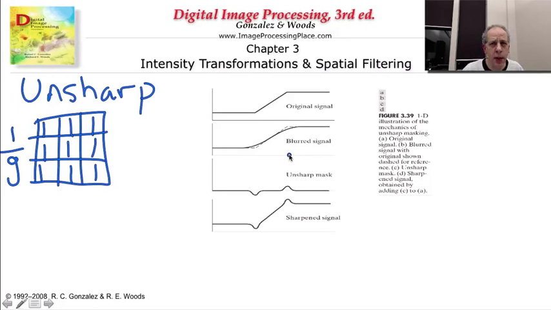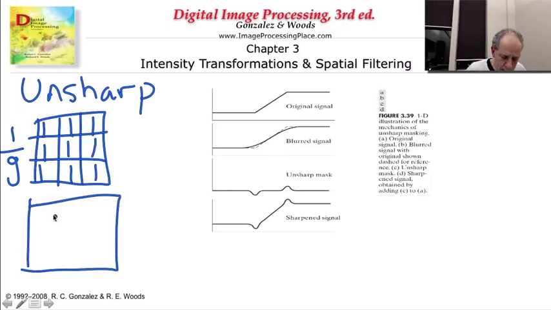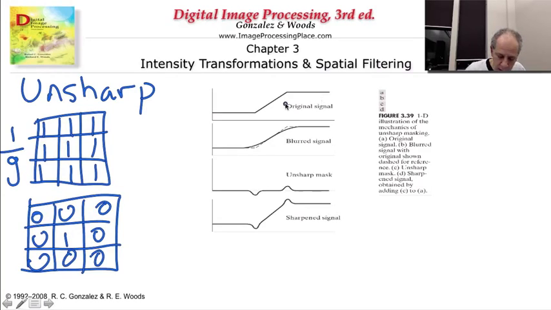Now, what's the mask corresponding to the original image? Very simple. A mask that does nothing has a 1 here and a 0 every place else. So original image is this mask, blur image is this mask. We take the differences. So it's this mask minus this will produce this. Remember, signs.